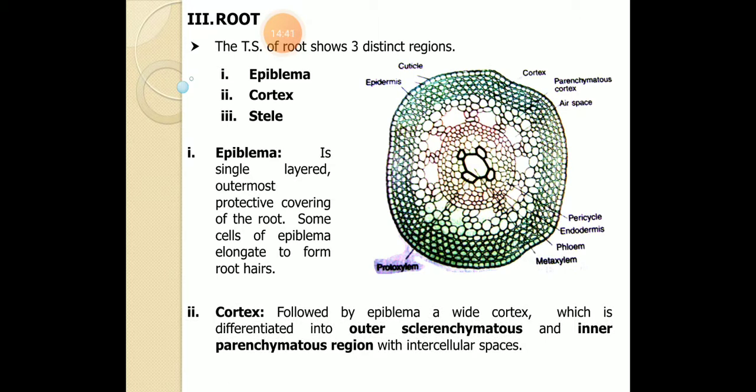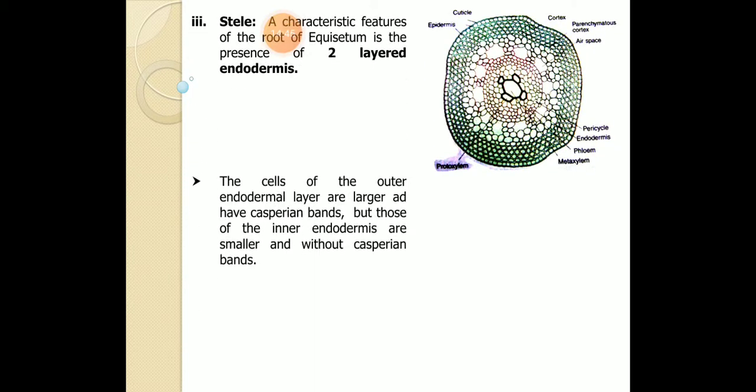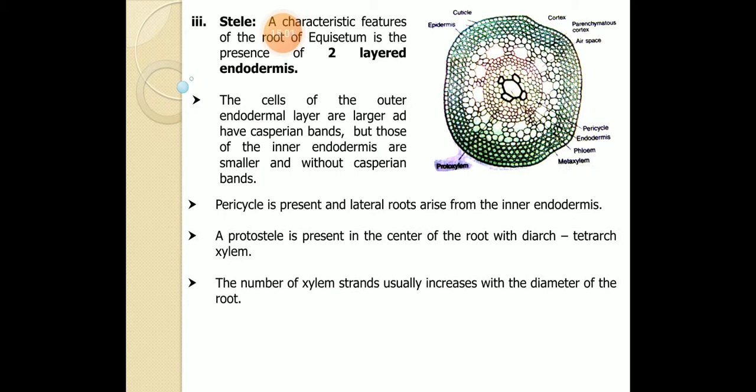The cortex region consists of an outer sclerenchymatous and inner parenchymatous layer, and the stelar region consists of a two layered endodermis. The cells of the outer endodermal layer are larger, having Casparian bands, and the pericycle is present and lateral roots arise from the endodermis.